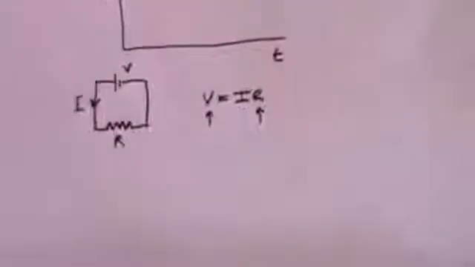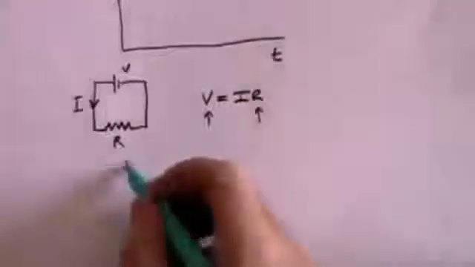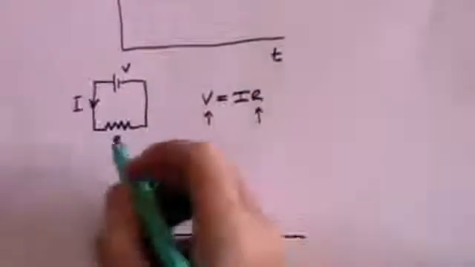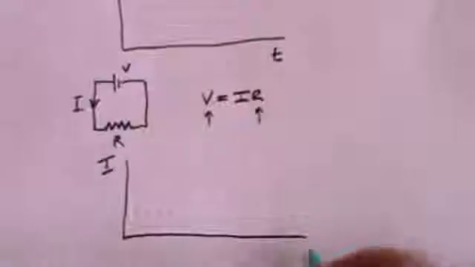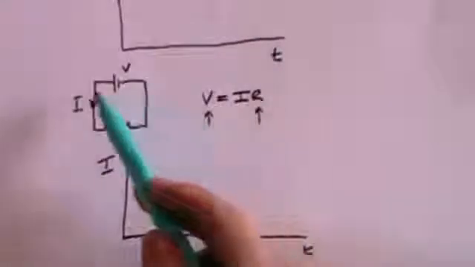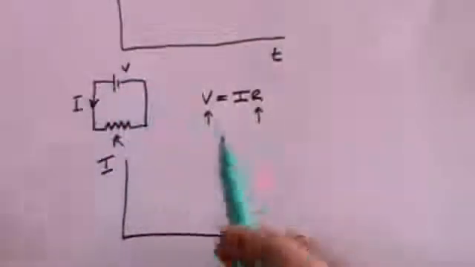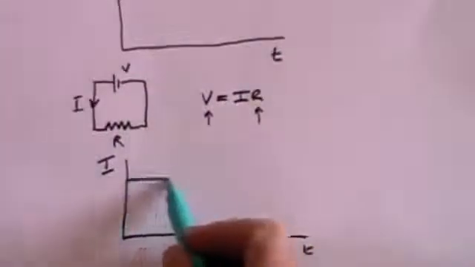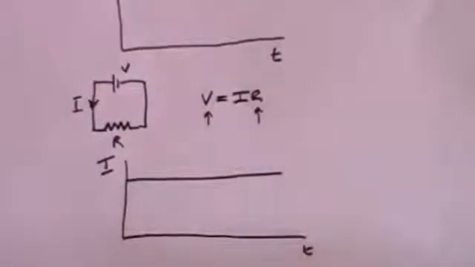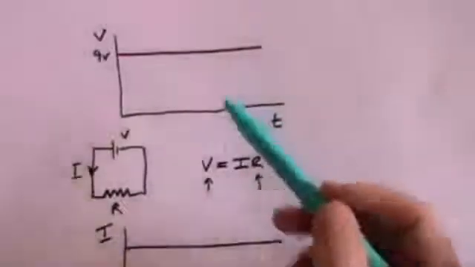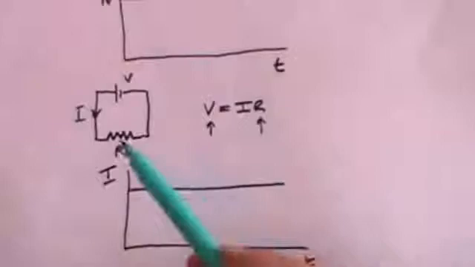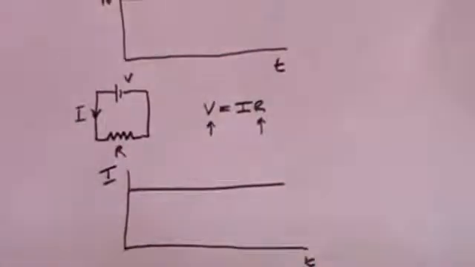So if you were to measure the current with, say, an ammeter, this is the current, this is time. As you measured the current going through this circuit, for the useful life of the battery, the current also will be constant. And so you've got in DC a constant voltage, a constant current going through a constant resistance.